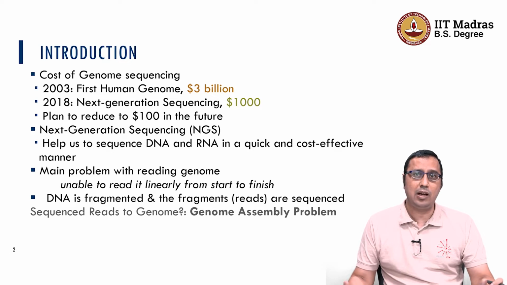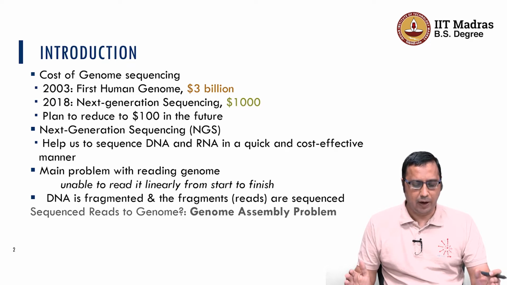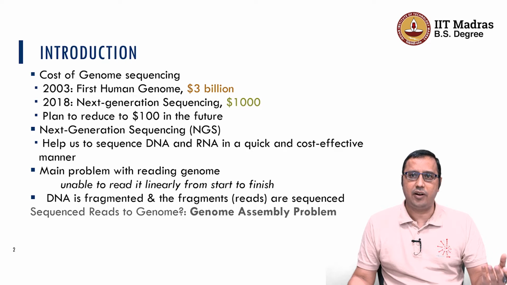However, we have a large genome and it cannot be read from start to end in one go, or what I call a linear fashion. Hence, we have to take the DNA, fragment it, and the fragments, which are called reads in the field, are sequenced individually.